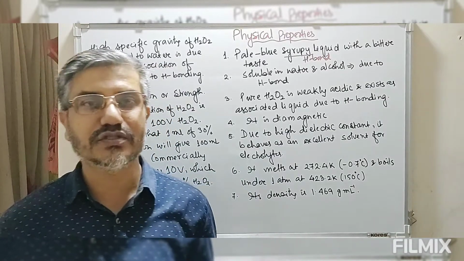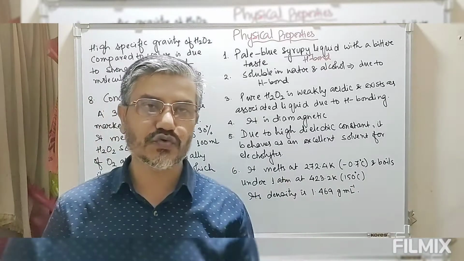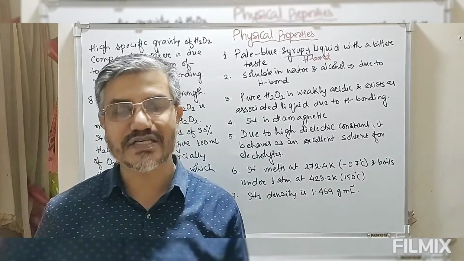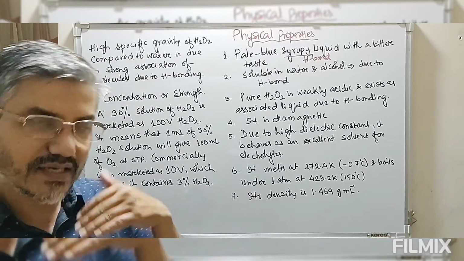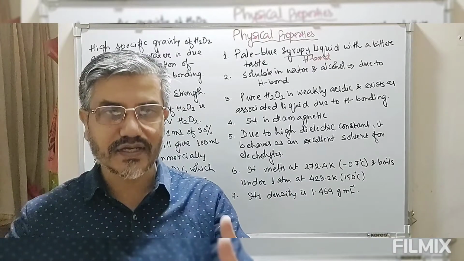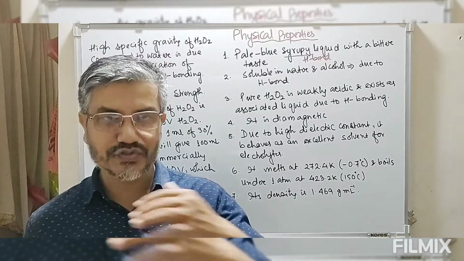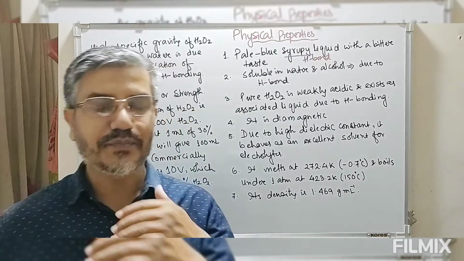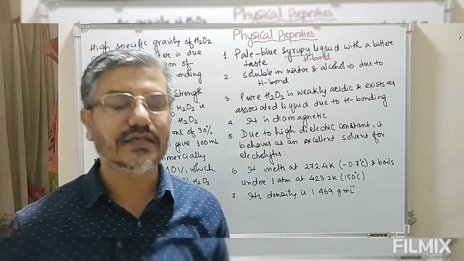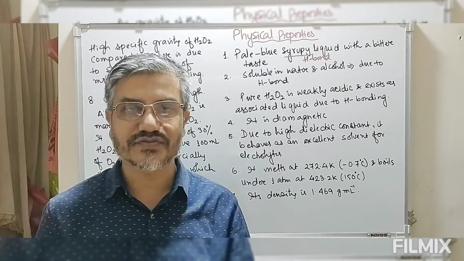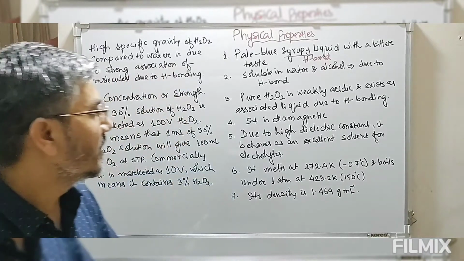Because of this hydrogen bond, the extent of dissociation of the OH bond is less, hence it is very weakly acidic. The same reason goes for water. A pure sample of water is associated through hydrogen bond, and because of this the dissociation of the OH bond is very weak, and the acidic nature of the substance is also very weak.